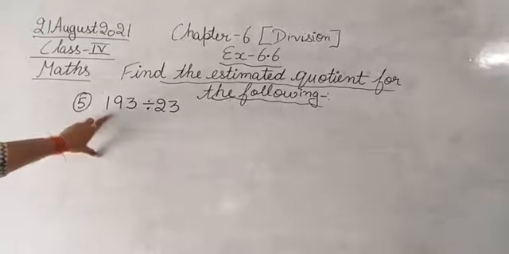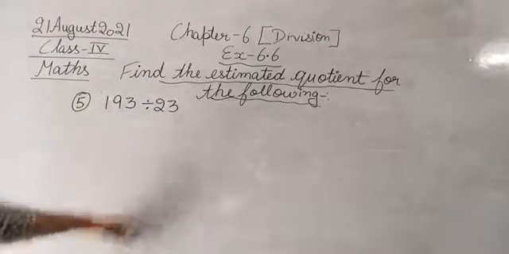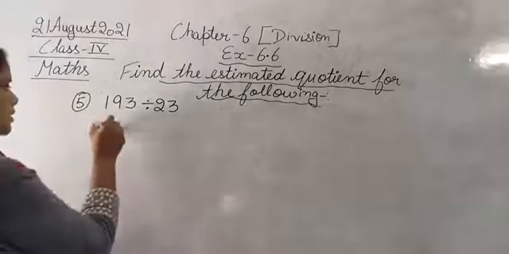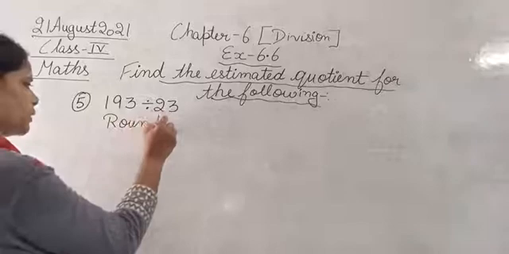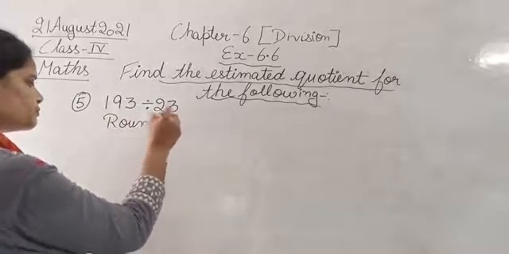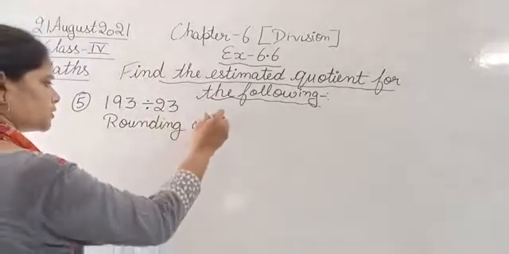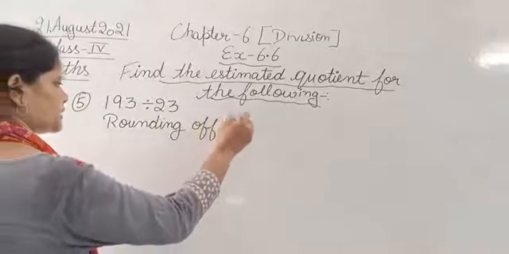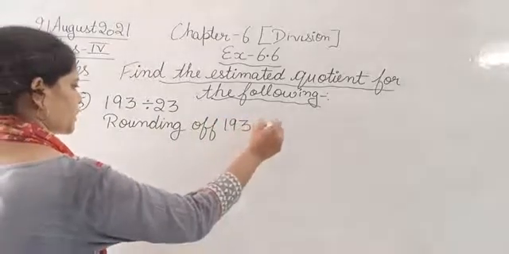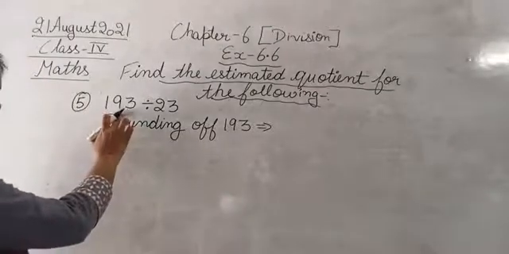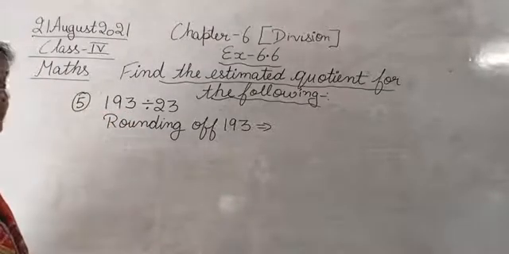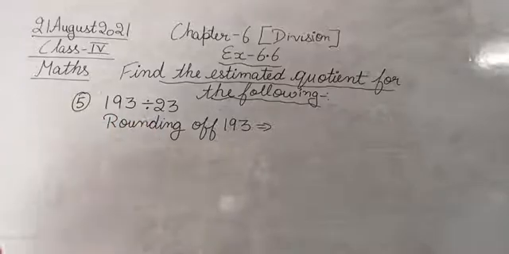First of all, we are going to round off both these numbers. Here, one number, 193, is a 3-digit number, whereas 23 is a 2-digit number.